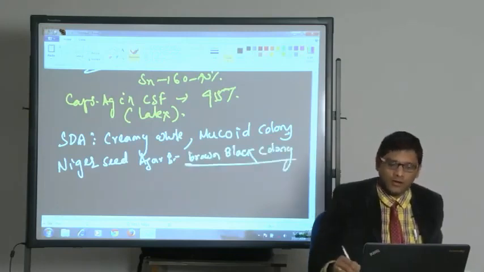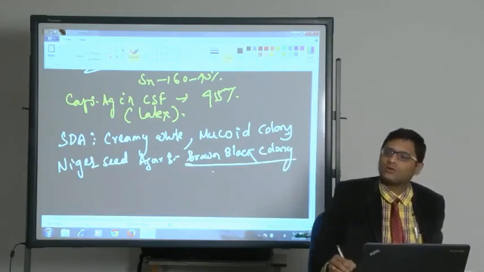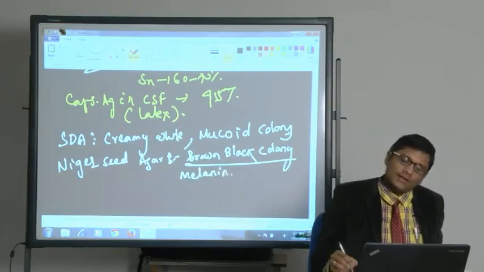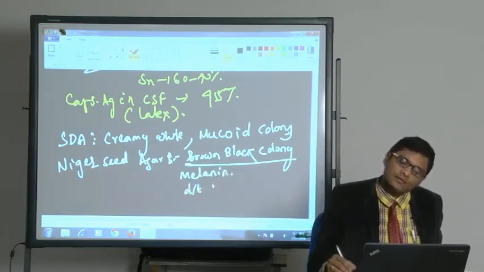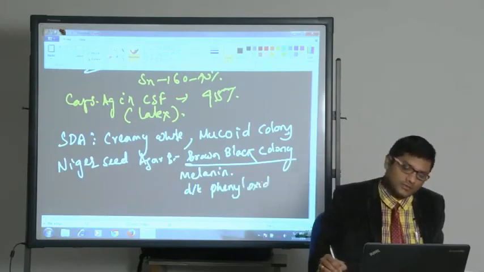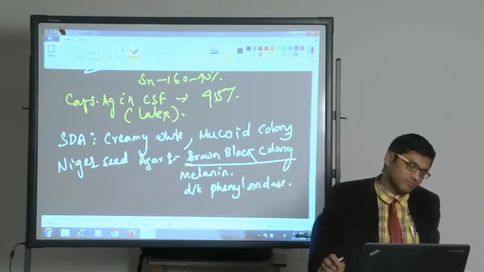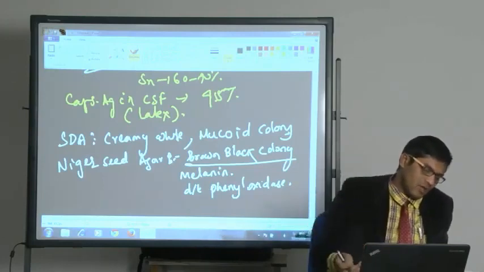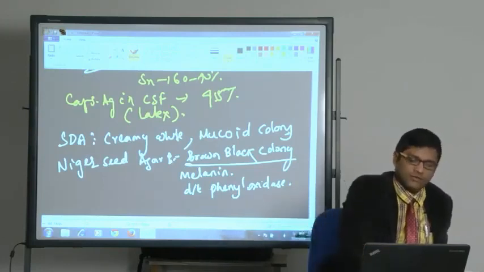This brown black colony is due to melanin production, and this melanin production is due to an enzyme produced by Cryptococcus called phenol oxidase enzyme.